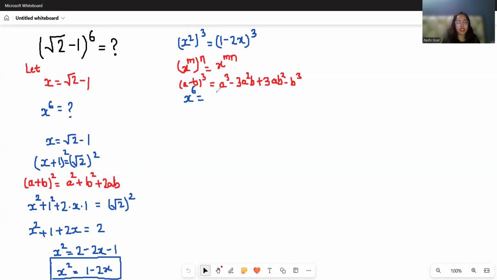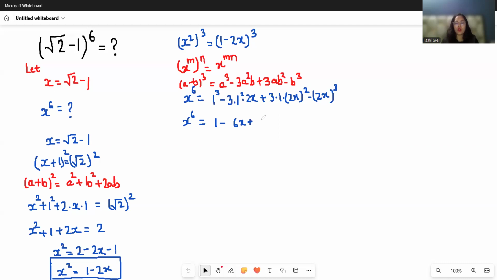So x power 6 equals 1 cube minus 3 times 1 square times 2x plus 3 times 1 times (2x) whole square minus (2x) whole cube. So x power 6 equals 1 minus 3 times 1 square is 3, times 2 is 6x, plus 3 times 1 is 3, times 2 square is 4.